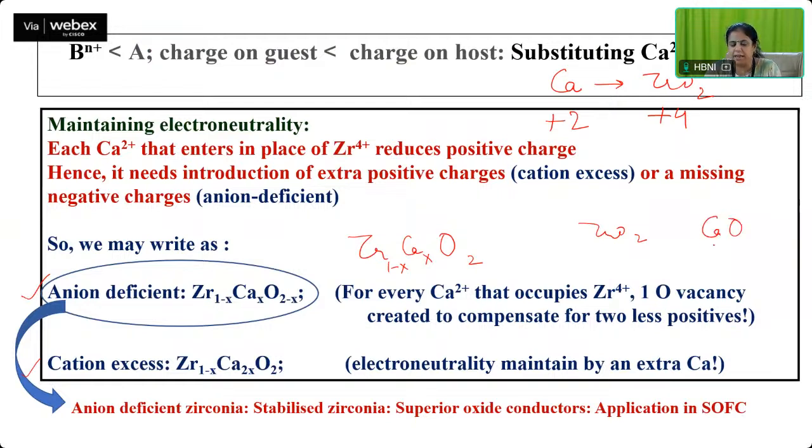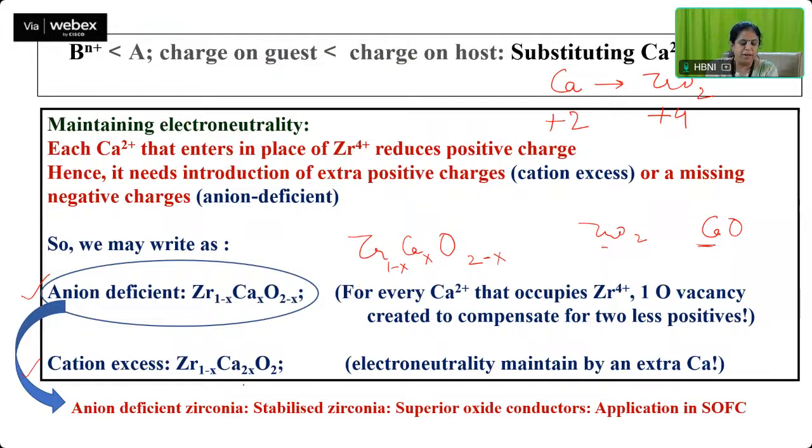So for every Ca that goes in ZrO2, you actually have to reduce one oxygen, because every Zr has 2 oxygen, every Ca has 1 oxygen. So it is less by 1 oxygen for each Ca, X oxygen for X Ca. That is the formula for anion deficient calcium doped zirconia.